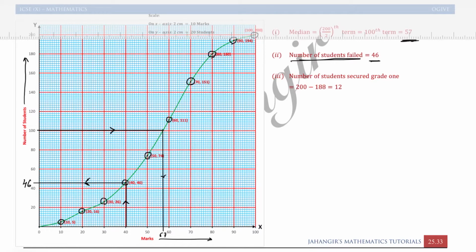If scoring 85 or more marks is considered as grade 1, then find the number of students who secured grade 1. So 85 or more.